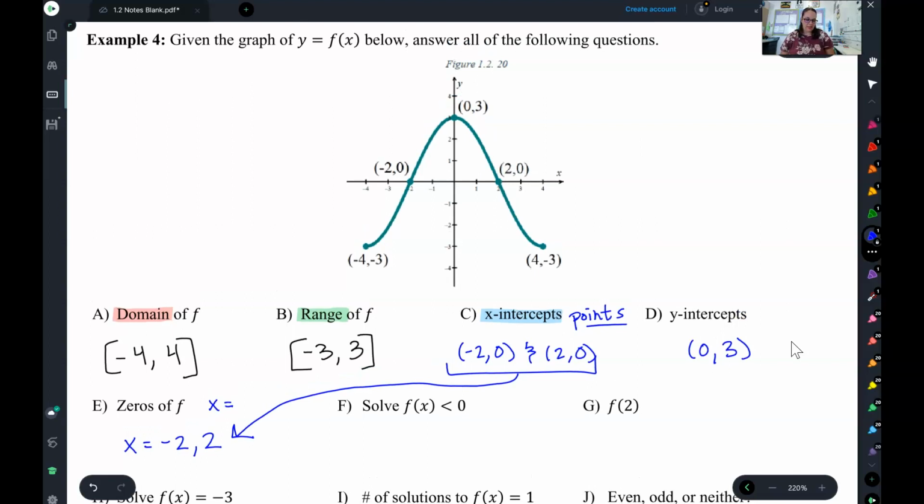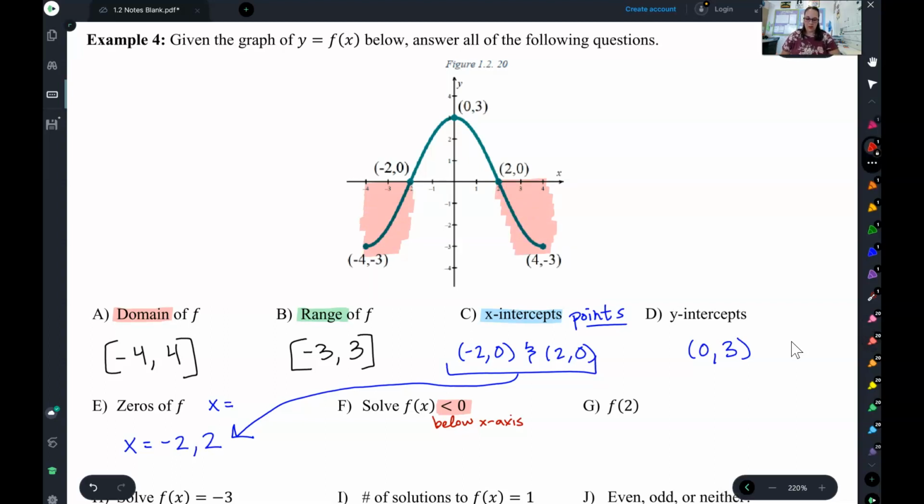Okay, next, this says I want to solve f of x is less than 0. So I want to find where this graph is less than 0, aka below the x-axis. Where is this graph below the x-axis? Well, right there and right there.